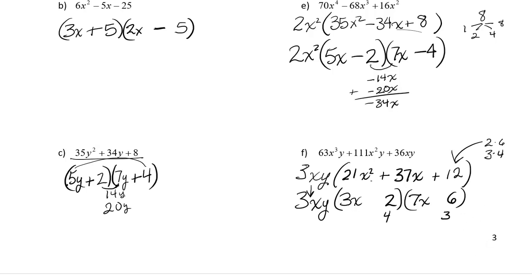So 3 times 3 would be 9, and 4 times 7 would be 28. And there is our answer. So I will replace the 2 and the 6 with 4 and 3. So hopefully that helps you see my process. This takes practice. Don't wait till the last minute to do this.